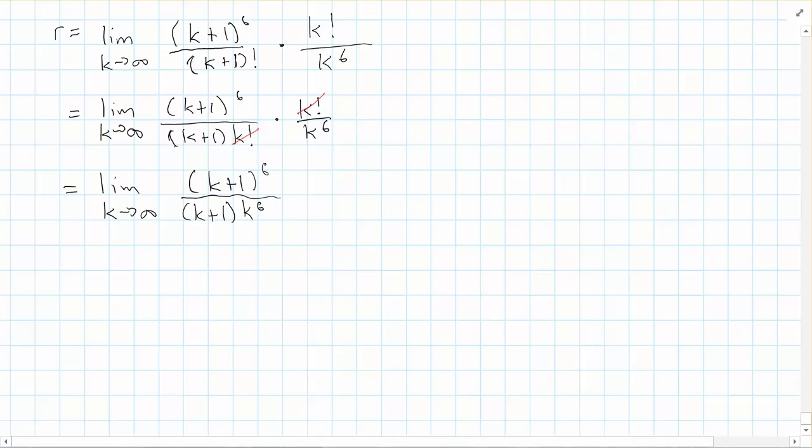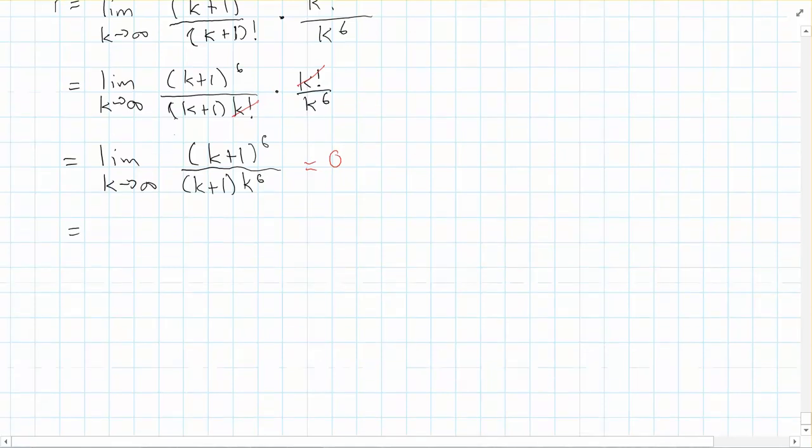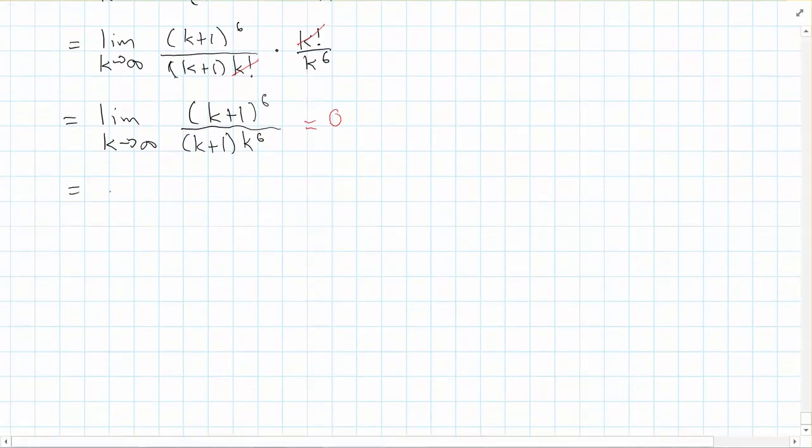Now I claim that this limit's actually relatively straightforward, and I claim that this is equal to 0. But I'm going to go through all the details to make sure everyone sees that. So let's go through all the details.